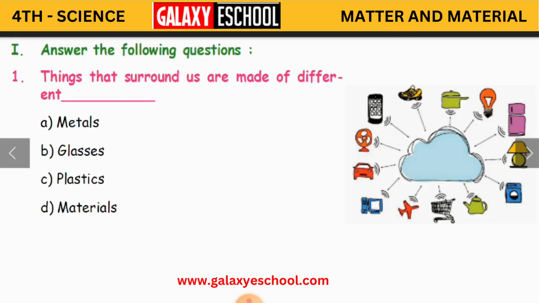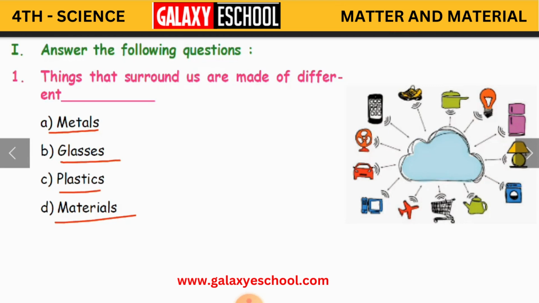Okay, now here there are some questions for you. Let us answer this. Things that surround us are made of different what? Metals, glasses, plastics or materials?